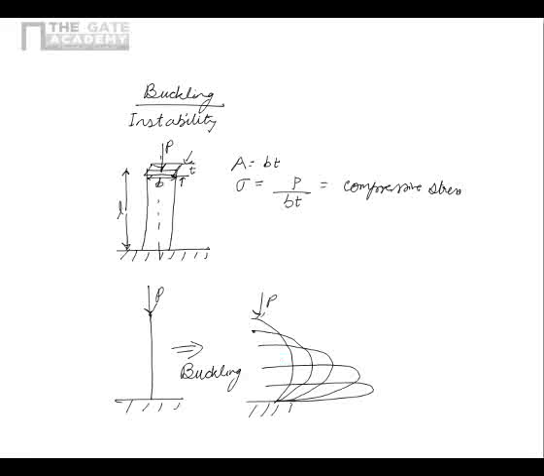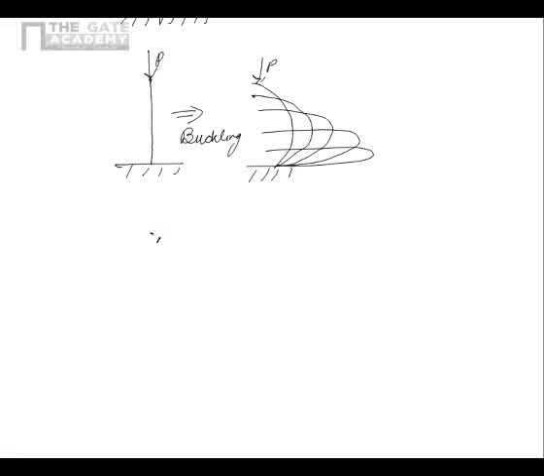for structures which are simply supported, which means that I have a column which is supported like this. This is the roller and this is the pin, and I apply a P force here.